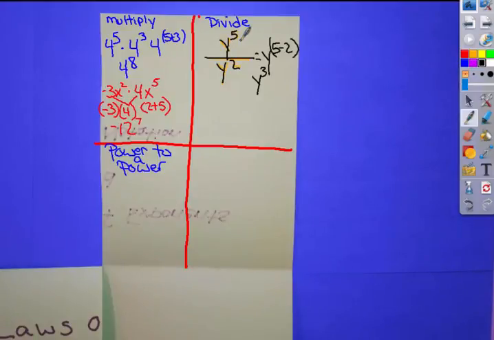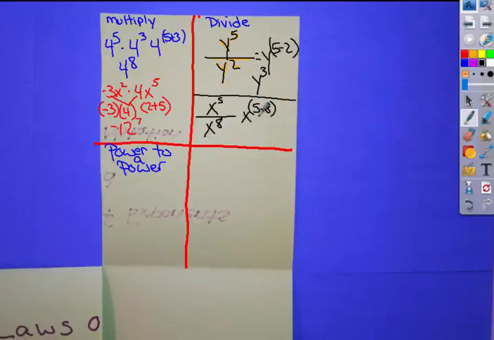Now, remember, let's go back to that rule talking about the negatives. Let me go here. I'm going to draw a line and add here. What if I had, say, x to the 5th over x to the 8th? Nothing changes. Here, it's going to be x, and then I'm going to put 5 minus 8.